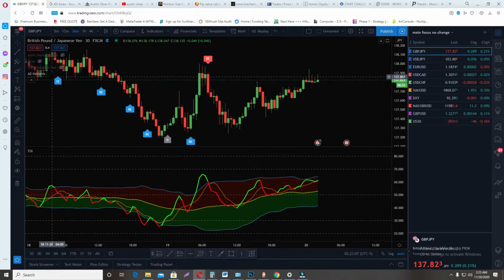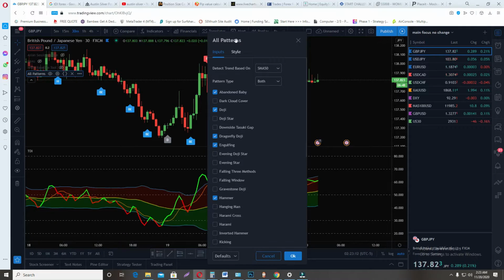This right here, all patterns, helps you find the candle that you trade. So if you trade doji, hammer, hangman, inverted hammer, anything, an engulfing candle, you can find it.